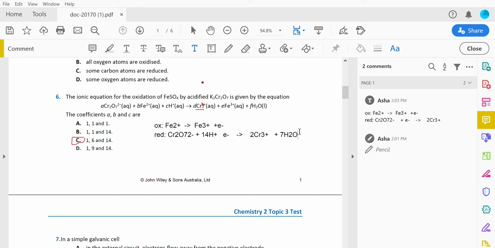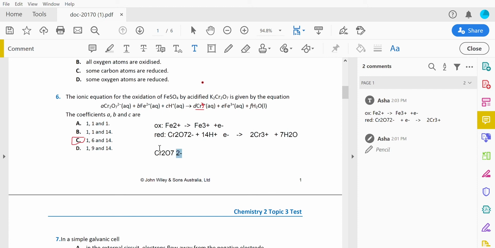And to do that, we need to assign oxidation numbers. So Cr2O7 2-. If we're assigning oxidation numbers to this chromium, we look at this oxygen. We say there's 7 oxygen at 2 negative, which means overall that's negative 14. The overall molecule has a negative 2 charge.